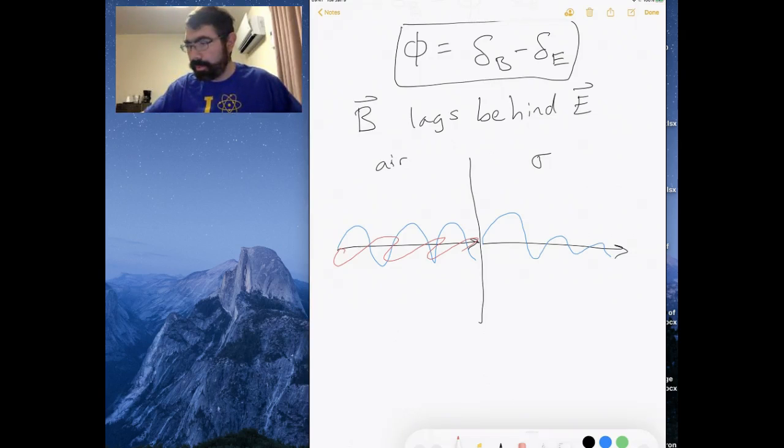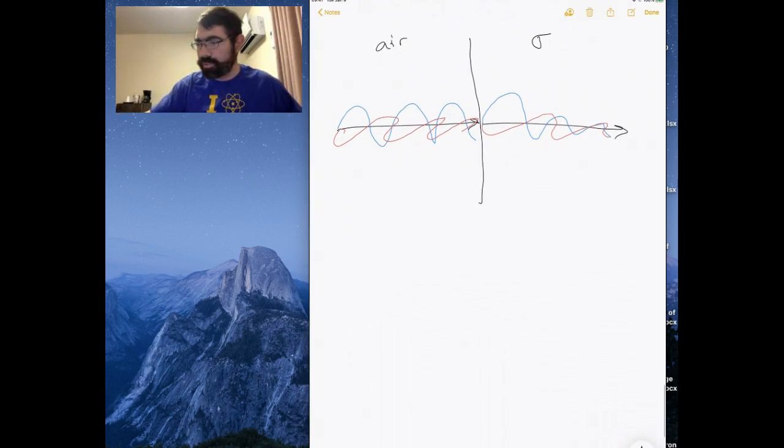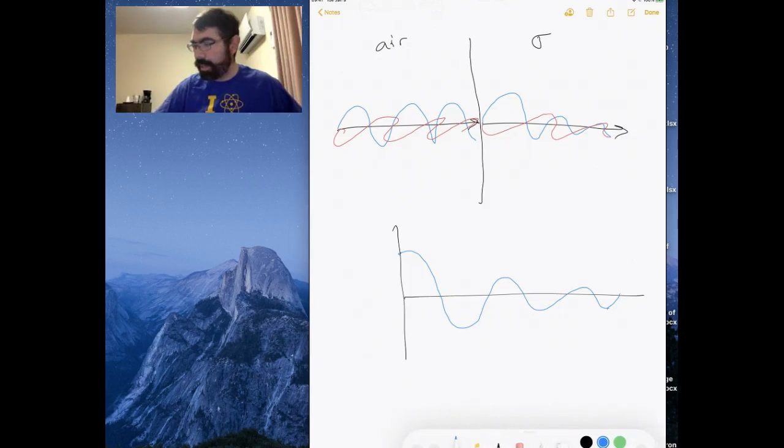So what you'll get is a magnetic field, which is now kind of hard to draw, which is now not in phase. So just to illustrate this a little bit more, instead of trying to draw them transverse like that, what if I was to just draw the electric field like so, and now the magnetic field.